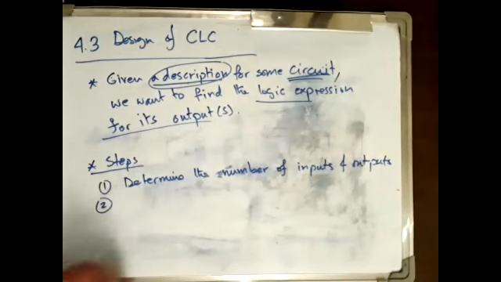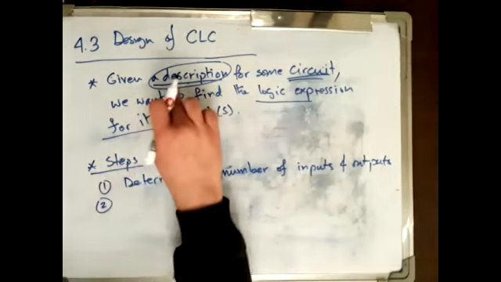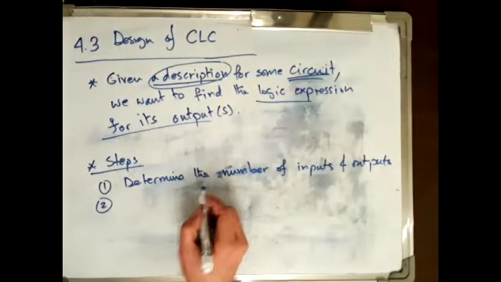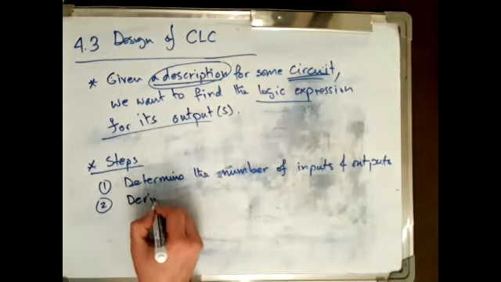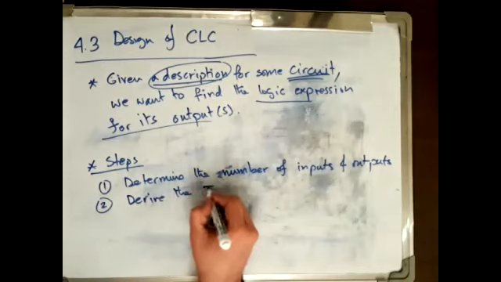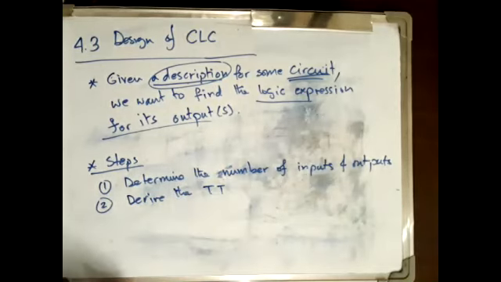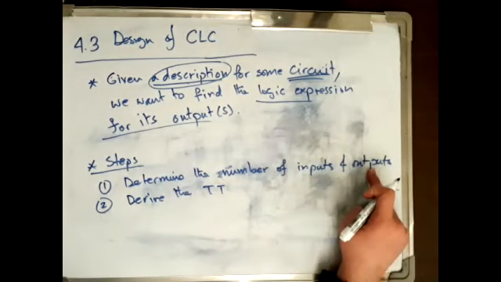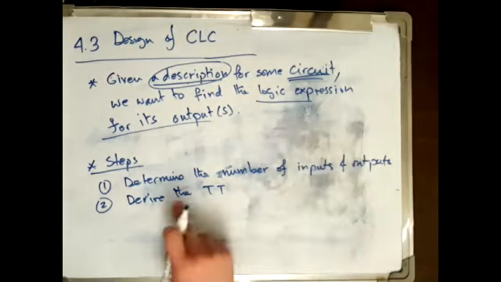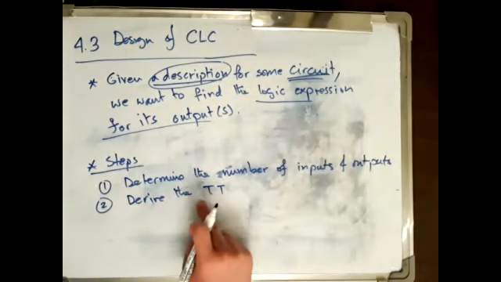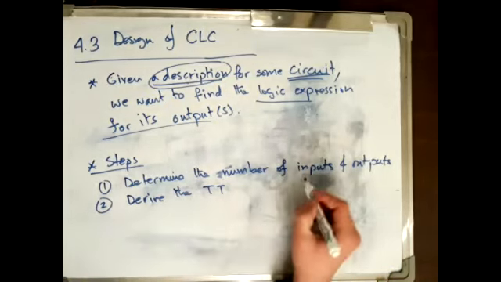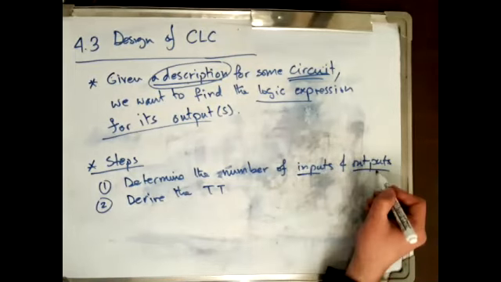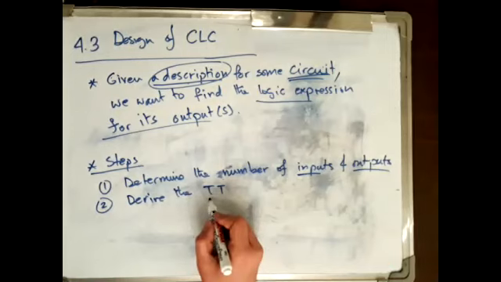The second thing, also based on our understanding of the description of the circuit, is to derive the truth table that shows the relation between the inputs and the outputs. The only way to derive the truth table is to know how the inputs affect the output so that you can fill the truth table.